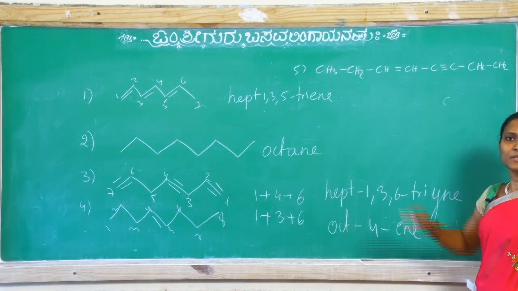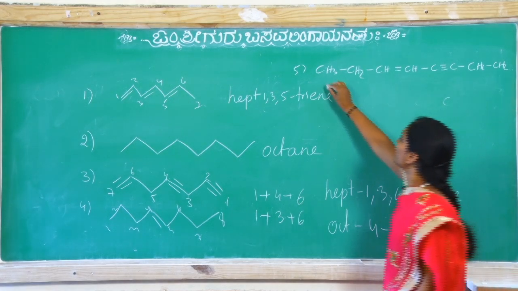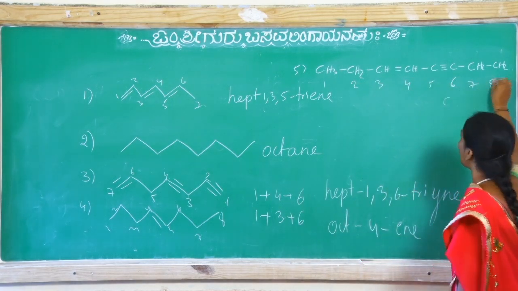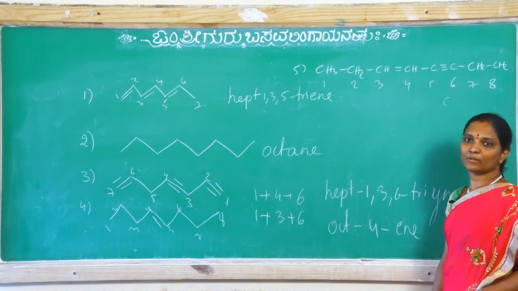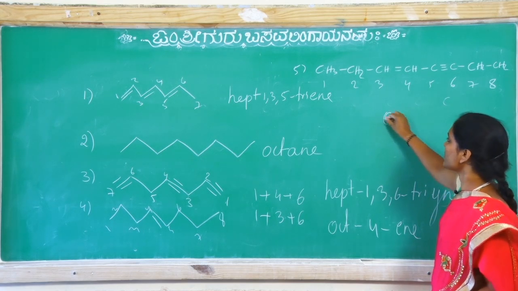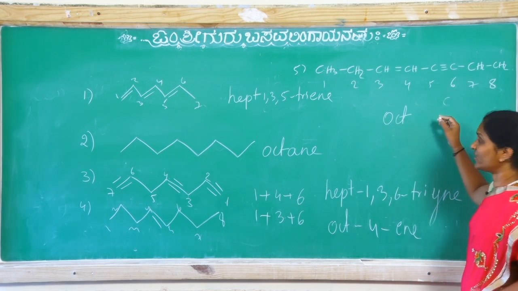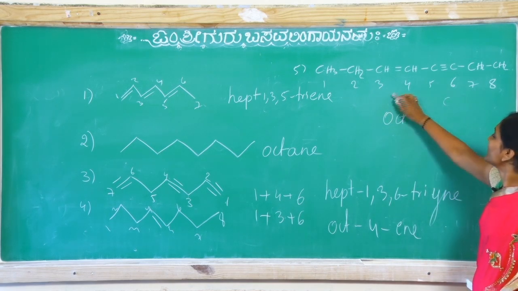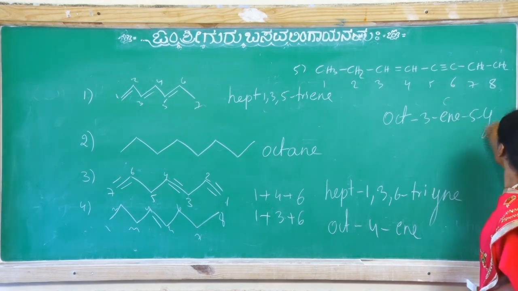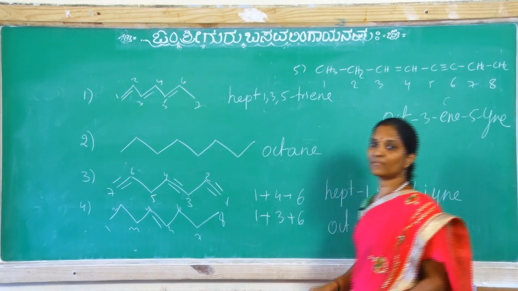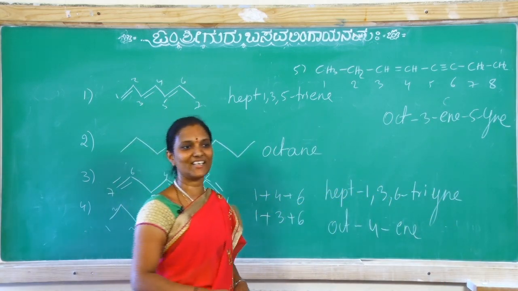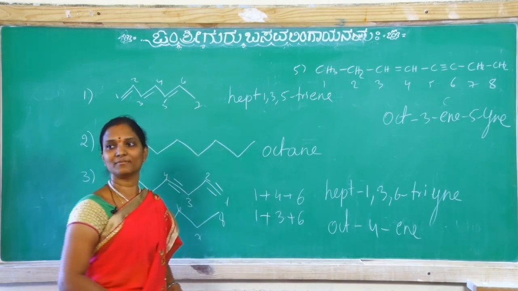Then least number to double bond. 1, 2, 3, 4, 5, 6, 7, 8. Okay. Opt. Again no clarity. Opt 3 in 5 I. Big size only I am writing. Opt 3 in 5 I.